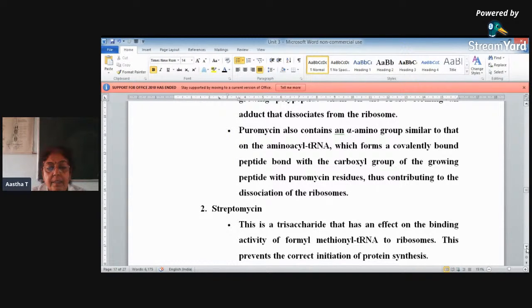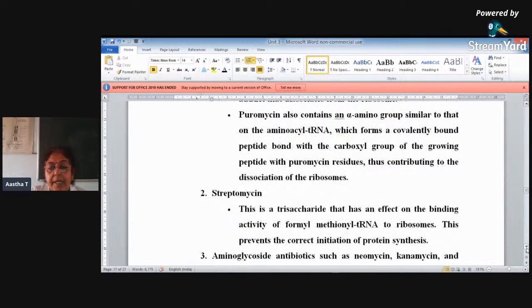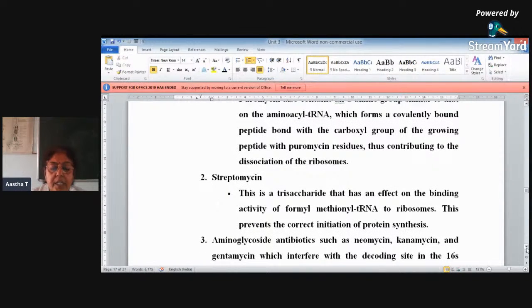Next, streptomycin. This is a trisaccharide which affects the binding activity of formyl methionine tRNA, that is the initiation tRNA. It carries the initiating amino acid and can bind to the tRNA molecule, and this helps in preventing the initiation of protein synthesis.